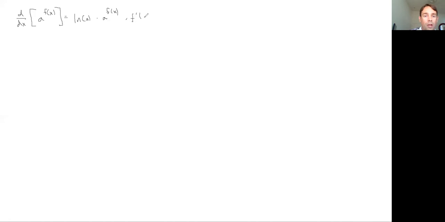So here's what I'm going to ask you guys to do. I would like to know what is the derivative of each of these two functions. So the first one I'm going to give you is f of x equals 7 to the 3x plus 5.